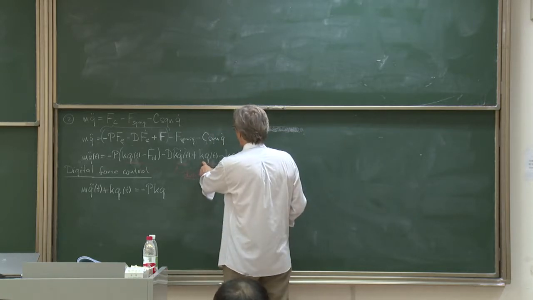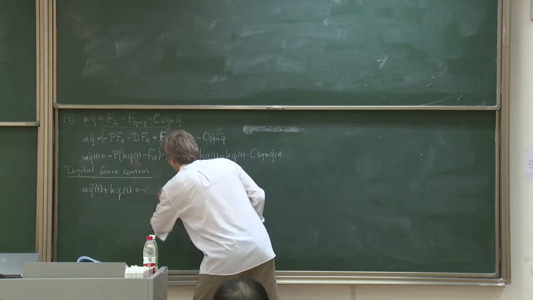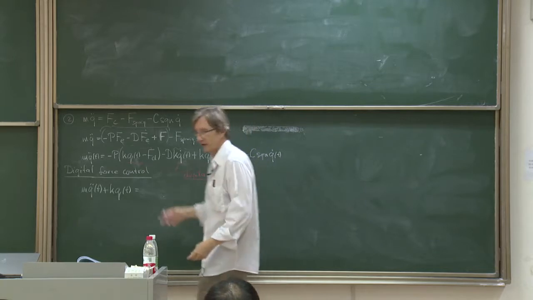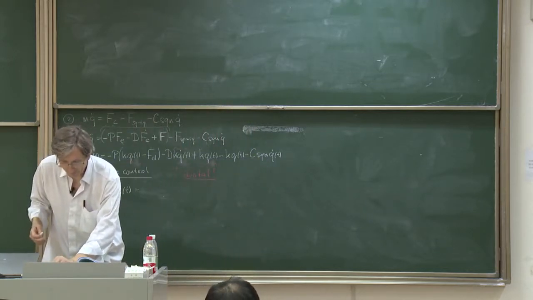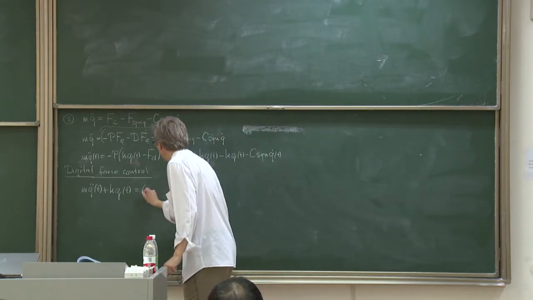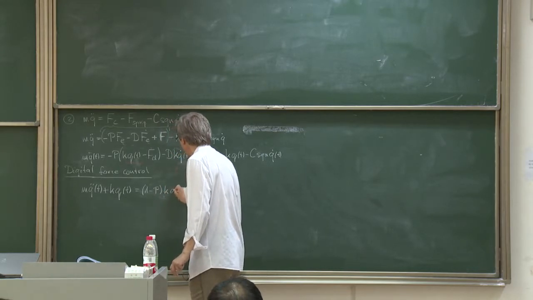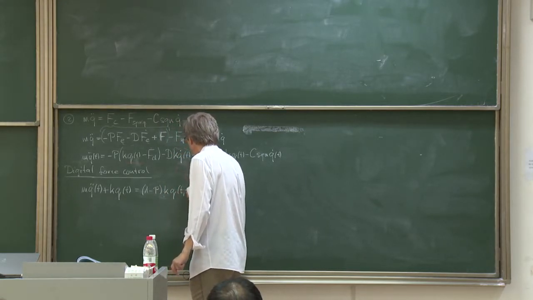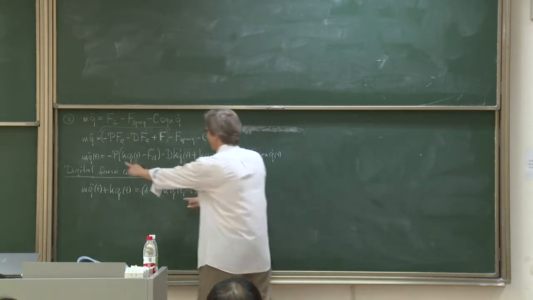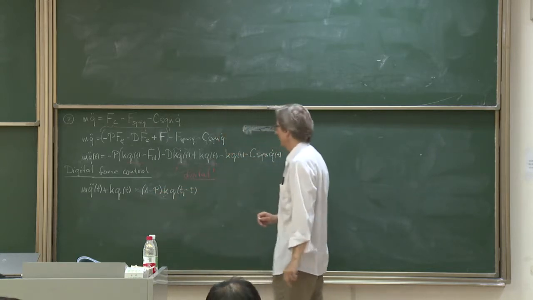But we also have one here. I'm sorry. So these two will be combined, and actually it will be 1 minus P. Let me check. Yes, it will be 1 minus P. So it will be 1 minus P times K times Q at Tj minus tau. Okay? This comes from the sampling. This is the minus P times, and this is the plus 1. Okay? So it will be like this.